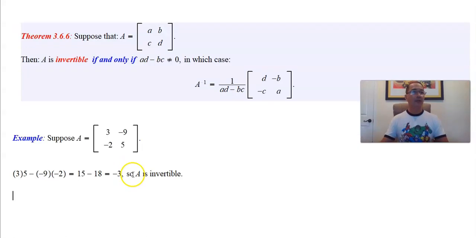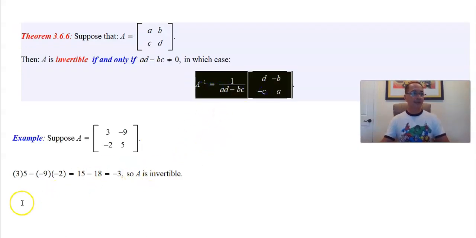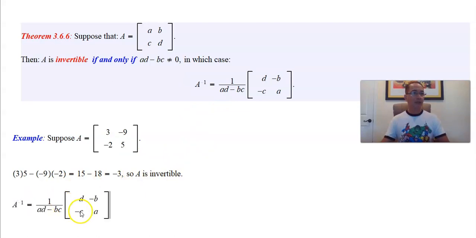Okay, so the formula says if you want A inverse, then you take the reciprocal of what we just computed, 1 over negative 3, and then you exchange the entries on the diagonal. So 5 goes up here and 3 goes down here. These two entries stay, but you change their signs.